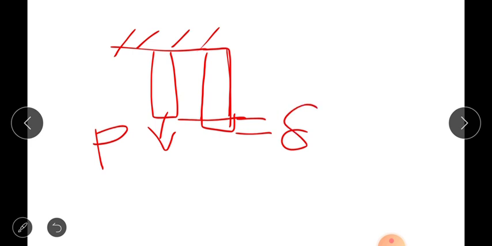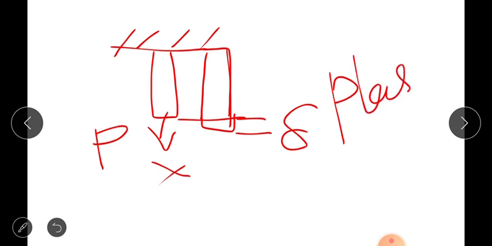Deformation delta will occur in the material, and that deformation delta will not return to its original position after the removal of the force P, and that is the plastic deformation. That plastic deformation is represented on the graph by point P, the lower yield point or upper yield point, or we can say the yield point.